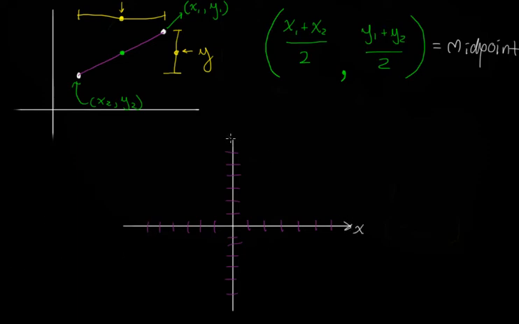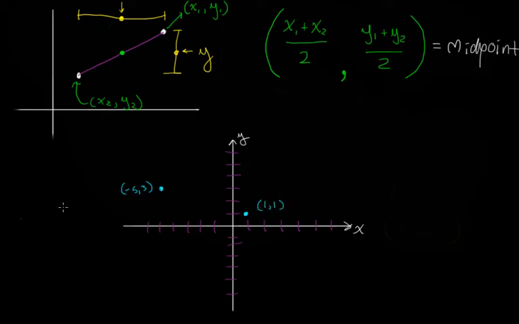This is x, this is y. Alrighty, let us use cyan. So let's say we have a point at 1, 1. We have a point at negative 5, 3. That's too easy otherwise. So, negative 5, 3, and 1, comma 1.